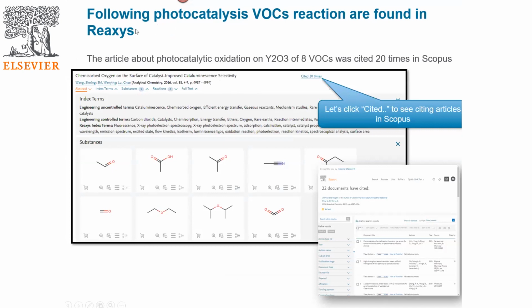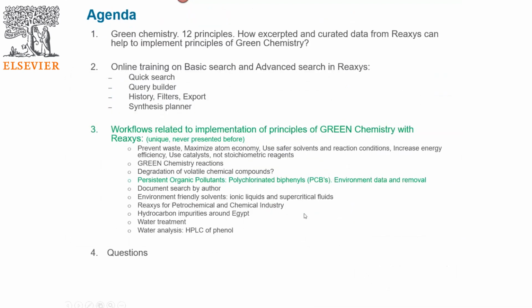So it's exactly the photocatalytic approach. As discussed, by clicking cited 20 times, you can go to Scopus, but you can also choose substance view to see what compounds are discussed in this article, and you can assess whether there is any compound of your interest or not. And again, these buttons are clickable, so you can find additional information.